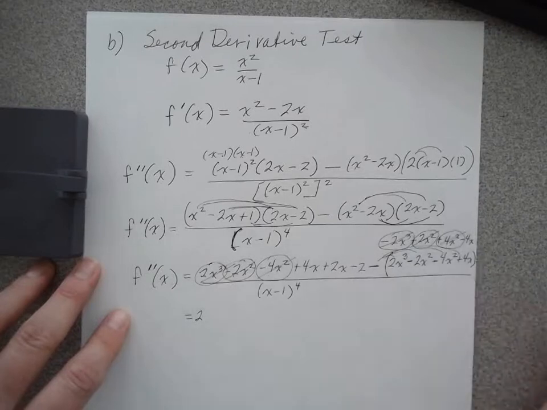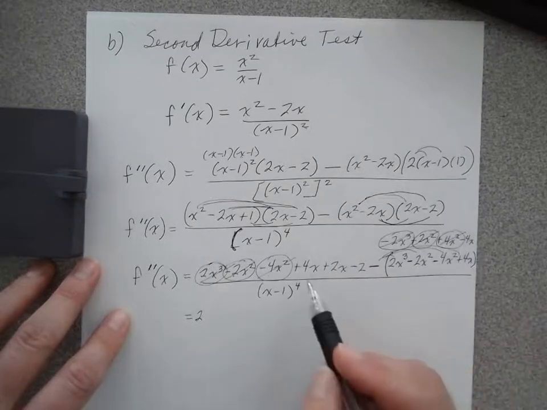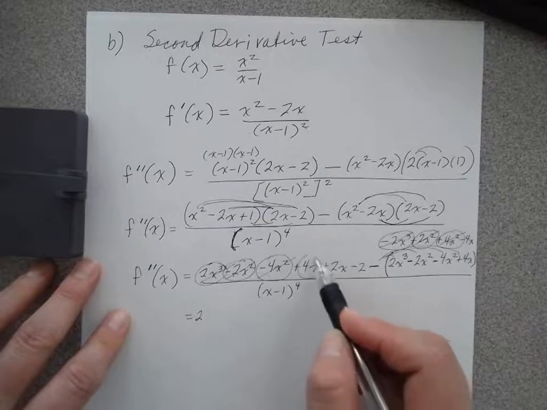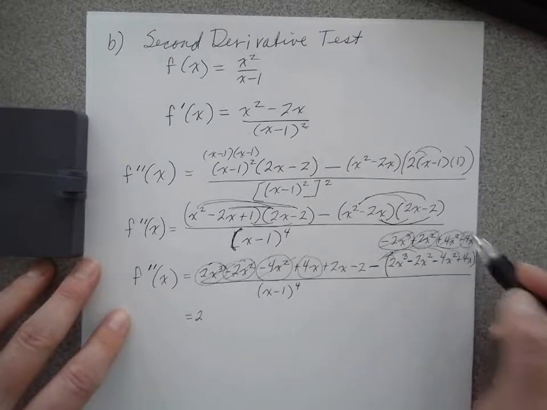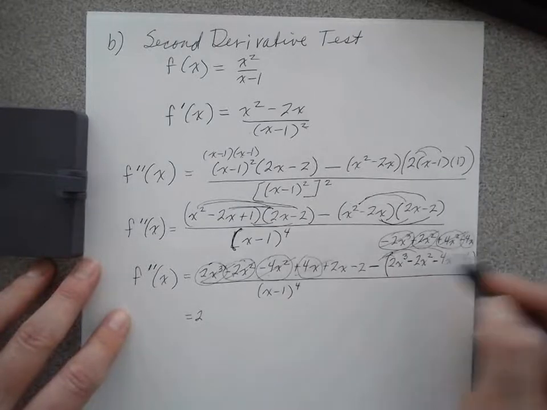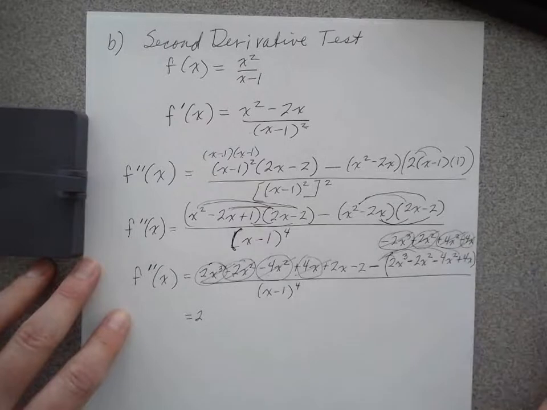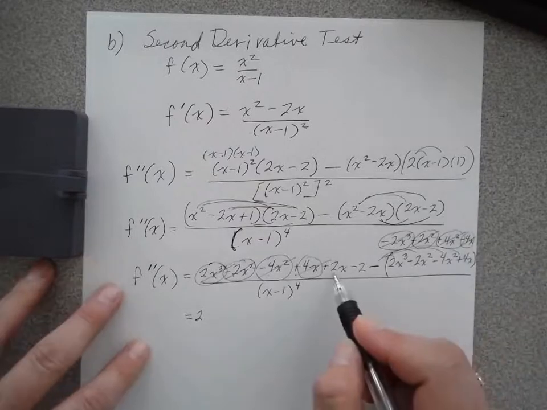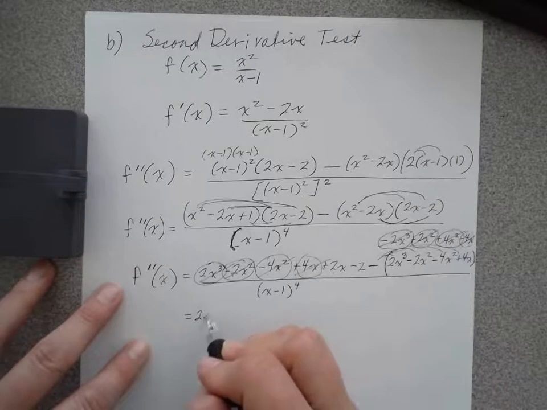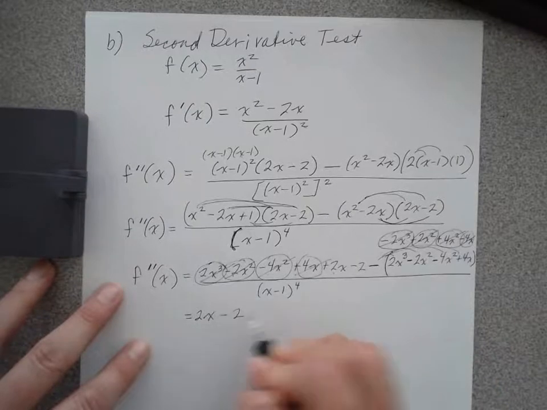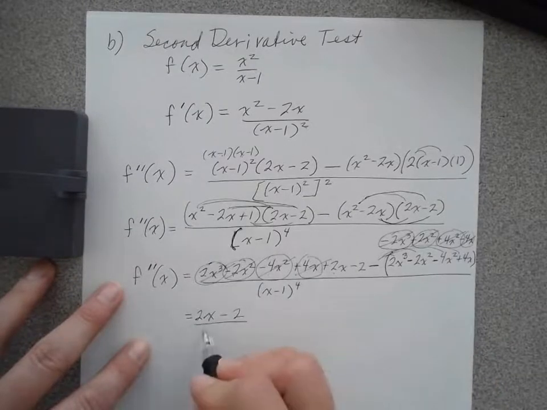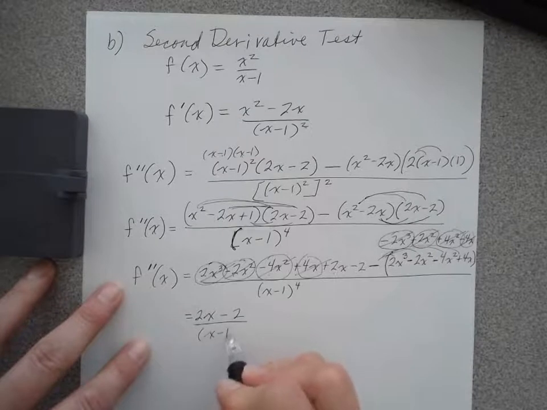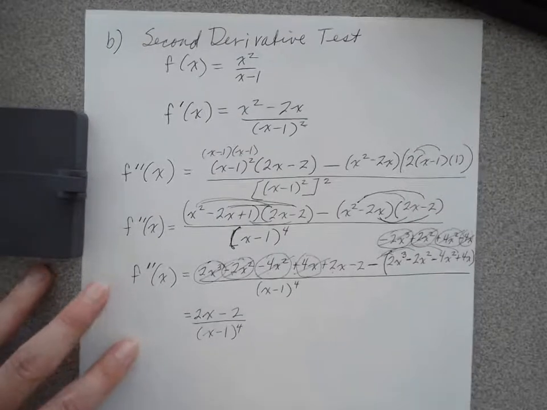Any more x squareds? I think that's it. Then I have a positive 4x and a negative 4x, so that's 0. And then I have a 2x and minus 2 all over x minus 1 to the 4th.